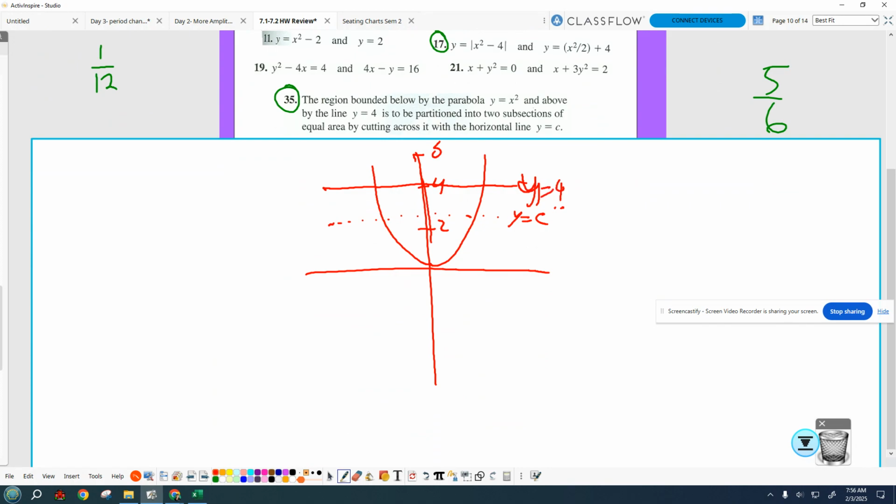And notice they did not make the line y equals 2. They put it as y equals c and made it a little bit above. They don't know the answer yet, but why do they intuitively know that it's going to be above 2? Because there's less area in the little happy face part. Okay.